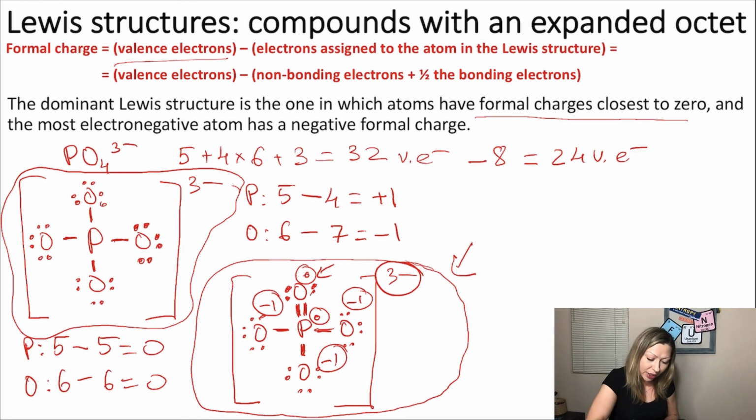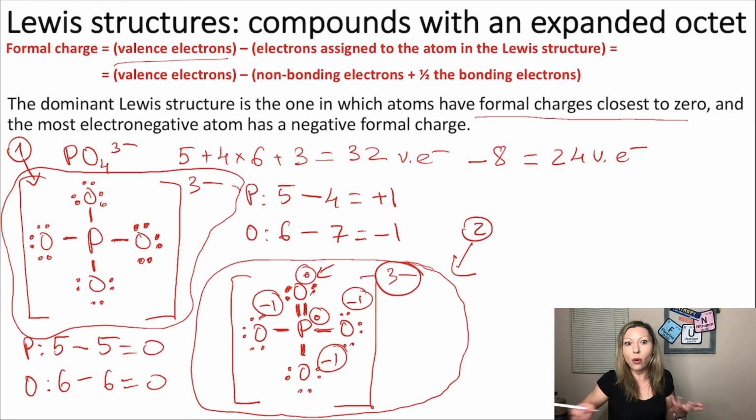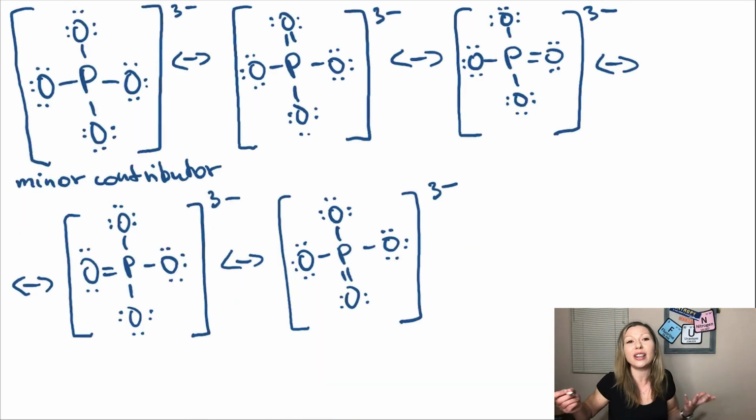So the first one is going to be a minor contributor, and it's going to be less stable than the second resonance structure. And where are the 3 more resonance structures? Well, I can move around the double bond from here to here to here to there, which is going to give me a total of 5 different Lewis structures.